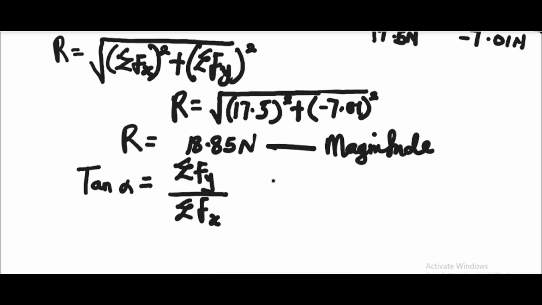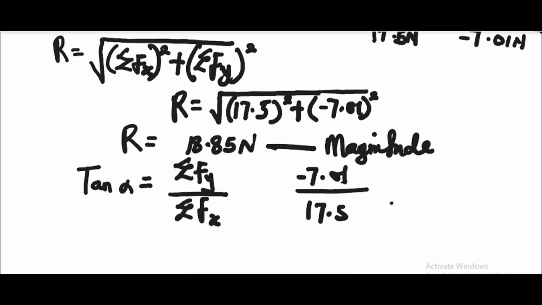So if you look at the sum of forces in the y component, we have minus 7.01 over 17.5. Now, what does that minus 7.01 tell us? It tells us that the direction is below the x-axis. So we're looking for direction below the x-axis.